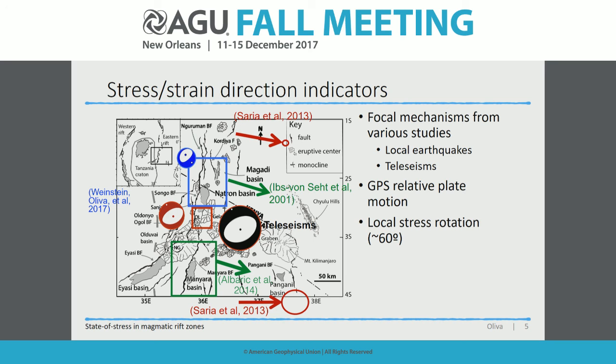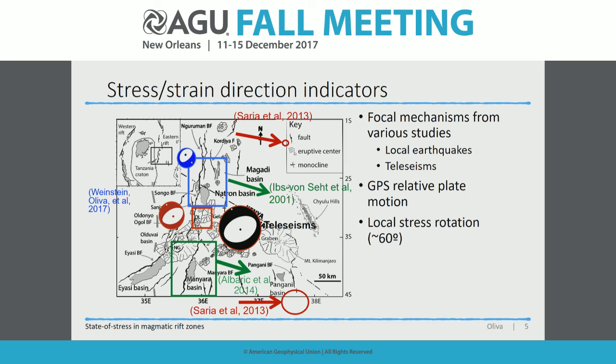while other seismicity studies in the north in the Magadi Basin, that's Yves Bonset et al. 2001, and also to the south in the Manyara Basin, that's Albrecht et al. 2014, reveal extension that's roughly east-southeast, right there. And relative plate motion from GPS studies, shown here in the red arrows, reveal roughly east-west extension.